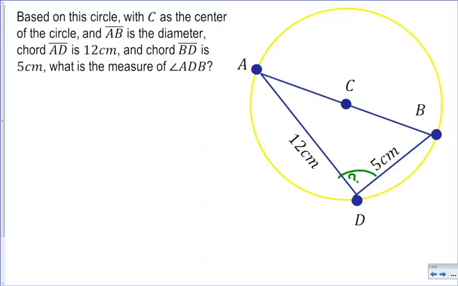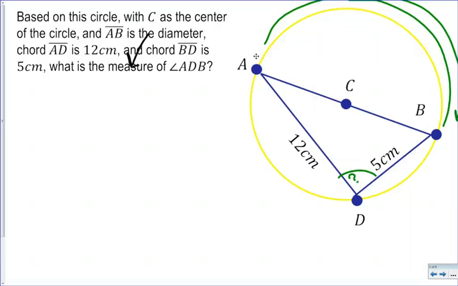How would you describe this arc? What's another way to describe this arc? A semicircle, yeah, that's a semicircle right there. Right, that's a semicircle. Does angle ADB share that arc?